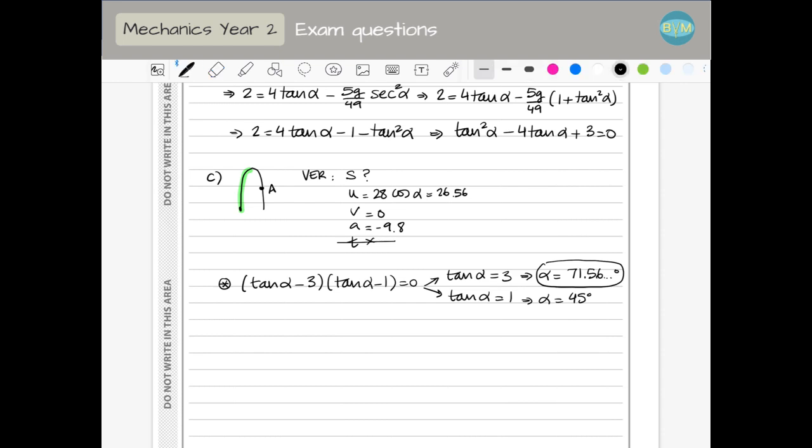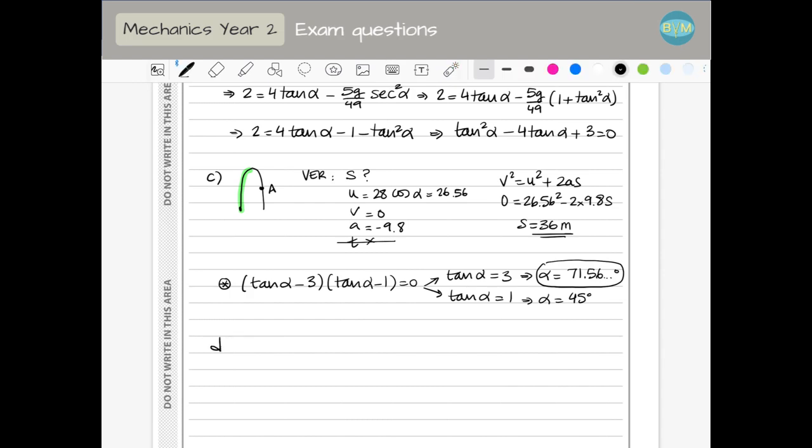So v squared is u squared plus 2as, v squared is 0, u is 26.56 squared minus 2 times 9.8 times s, and s is 36 meters. Yeah, just solving this linear equation and keeping all the decimals in the calculator.